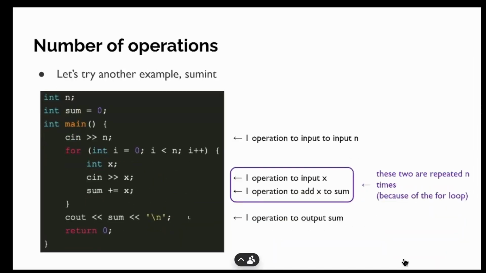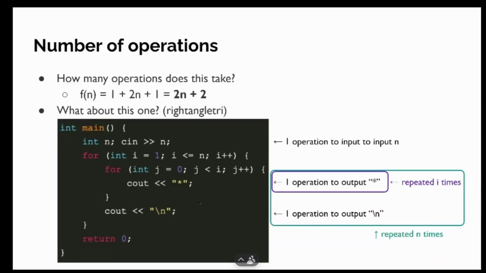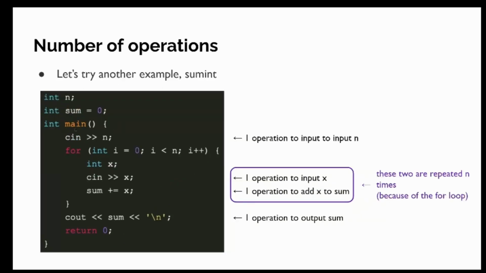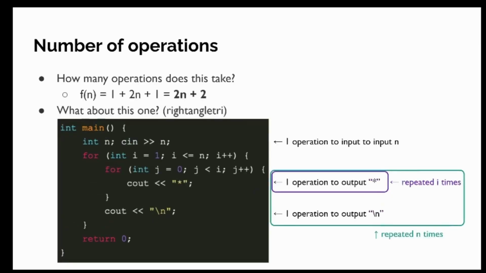So how long does this take? Well, if we do the math, we look at this formula here. There's one operation up here, one operation down here. Both of them are outside of the for loop, so that's 1 plus 1.